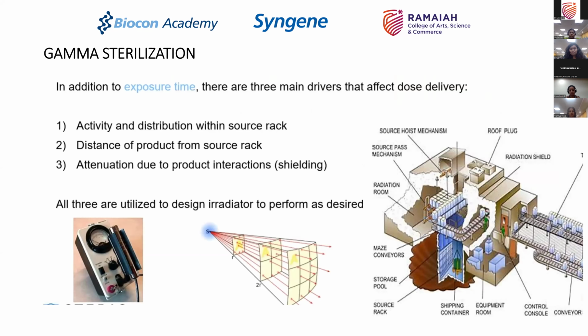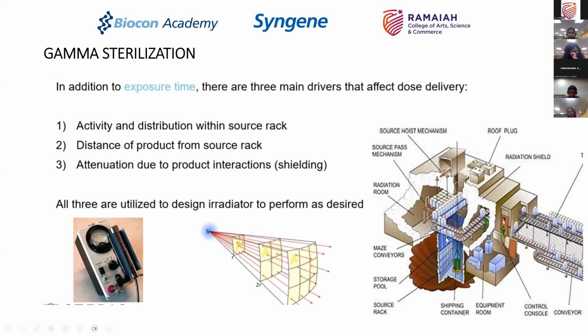Okay. What are the major factors which affect gamma radiation? There are three main drivers apart from the exposure time: activity and distribution within the source rack. So what is a source rack? A source rack is something which is kept below, where you have the cobalt 60 which is stored. So this is how a typical installation will look.